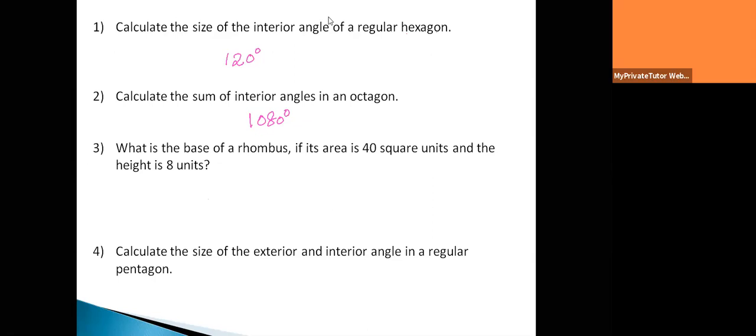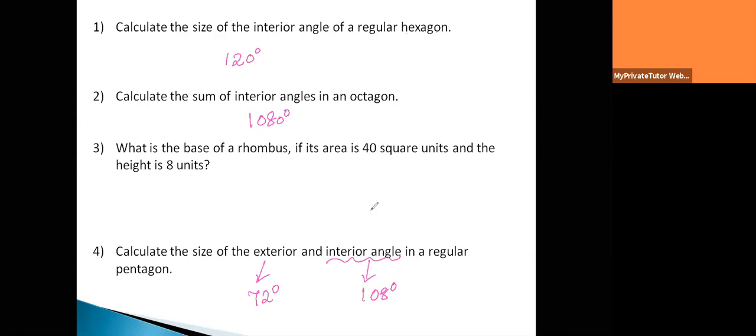They're asking for each angle value. If they ask you the sum, they will clearly mention the sum of interior angles. Or else you need to write each angle. So exterior would be 72 as you said, but the interior is 108, which is 540 divided by 5.